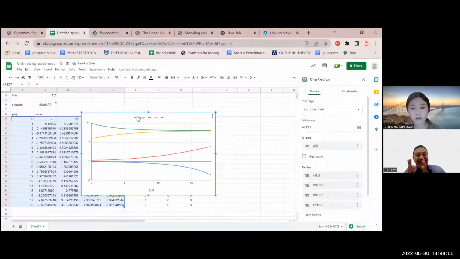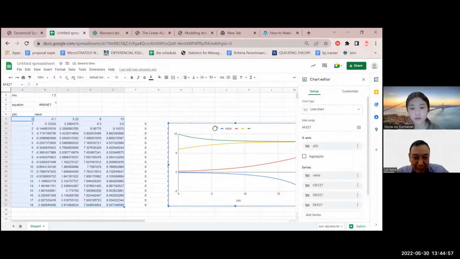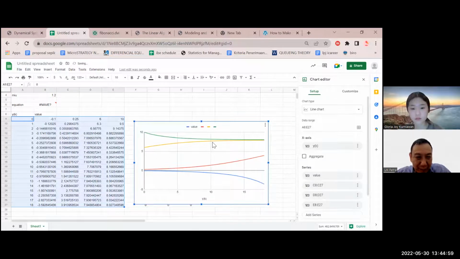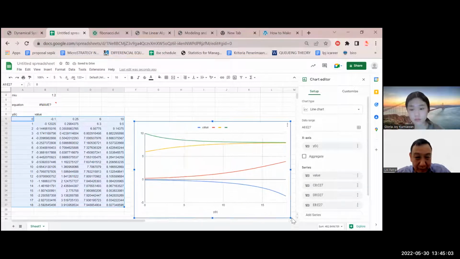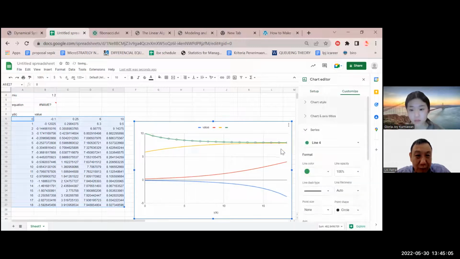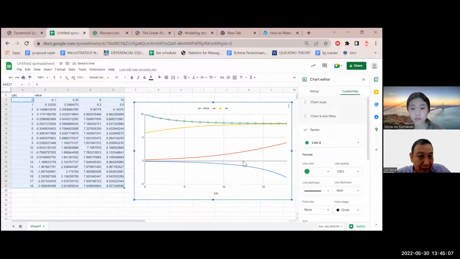Oh, very good. Now you can start to see. There is another equilibrium there, in the middle between the green and yellow. Actually, there is one more.